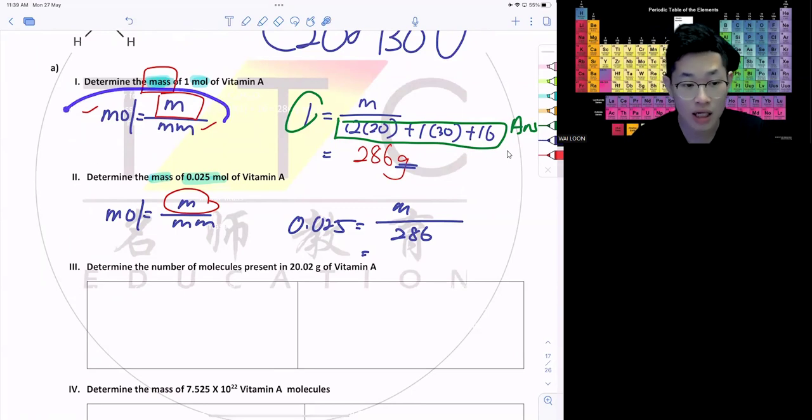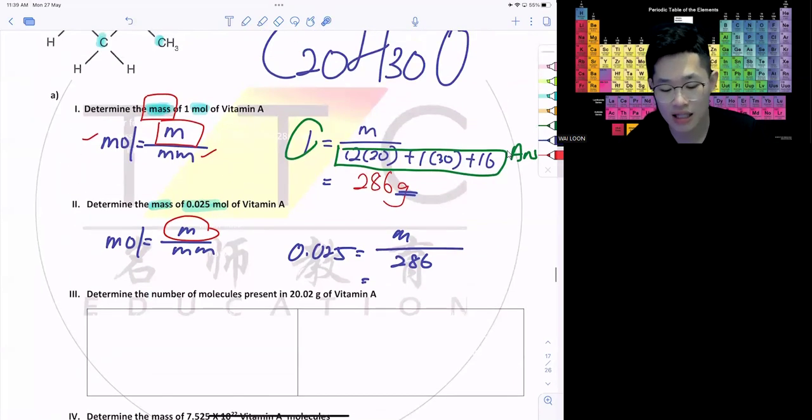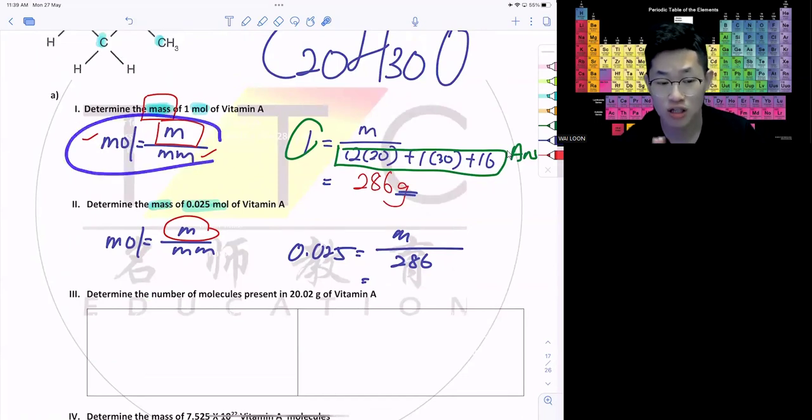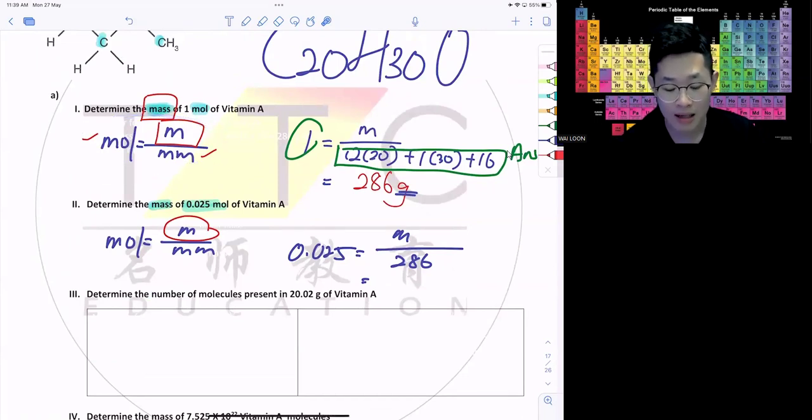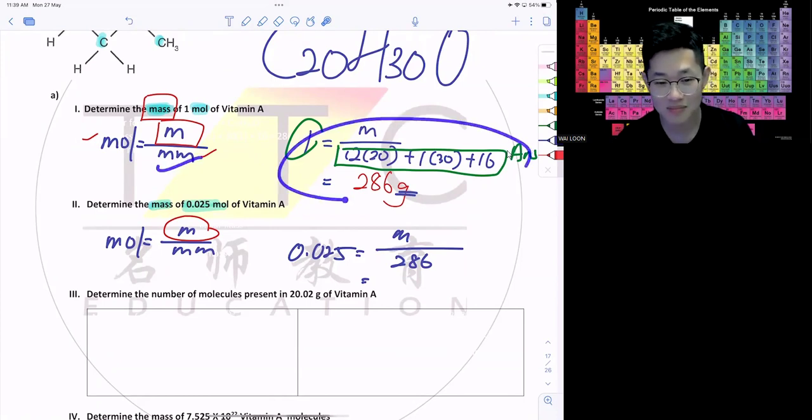You won't be getting any marks by writing the formula, but this is a very good practice for those who are still weak in this calculation. If you are good, you can skip this. But if you know you are not that good and are trying to improve, this is a very good way to practice. Your calculation will become very good. So decide the formula, then only you sub.